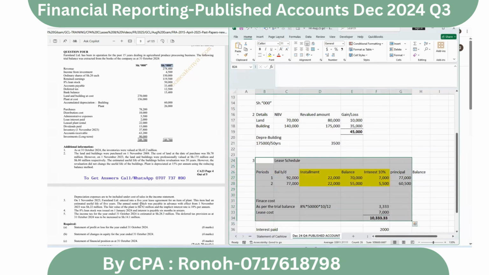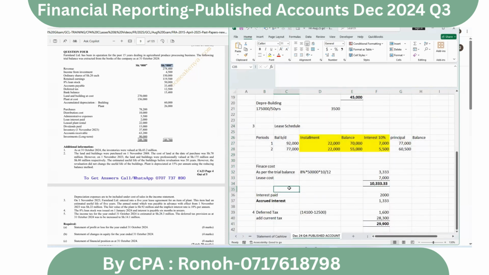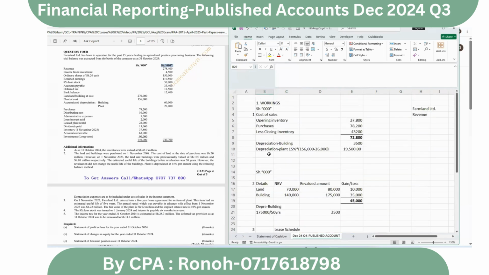The moment you have been given the useful life, 5 years, remember that one does depreciate. So get the depreciation for this lease, and we have been told all the depreciation is classified under the cost of sales. So we have depreciation for a leased plant, which will be 92 million divided by the useful life, 5 years.